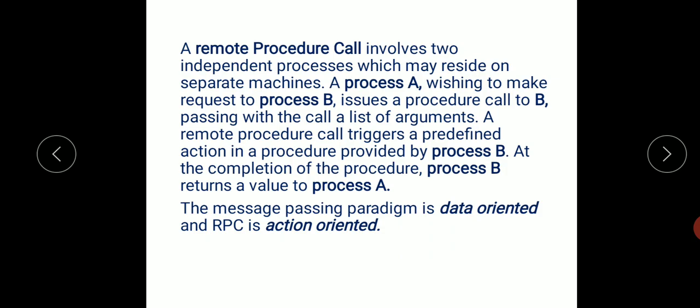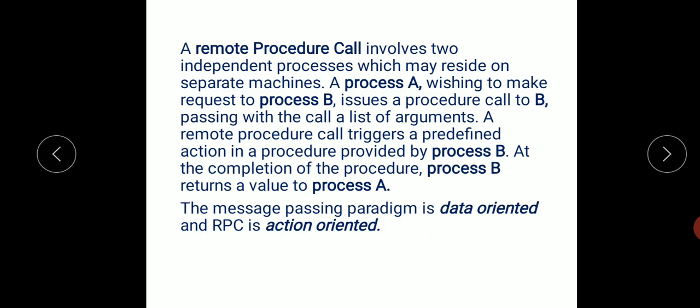See here, the difference between local procedure call and remote procedure call is that a local procedure call is in a single machine, in one process, and a remote procedure call may be on separate machines with two independent processes. For example, process A and process B. Process A wishing to make a request to process B issues a procedure call to B and passes a list of arguments.